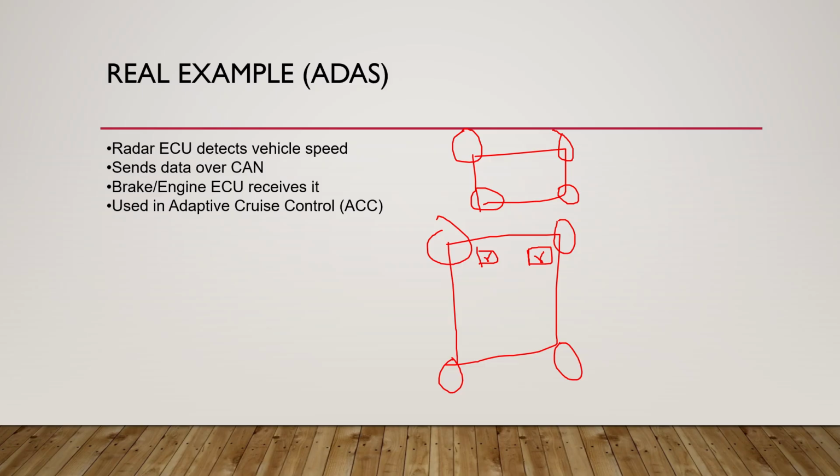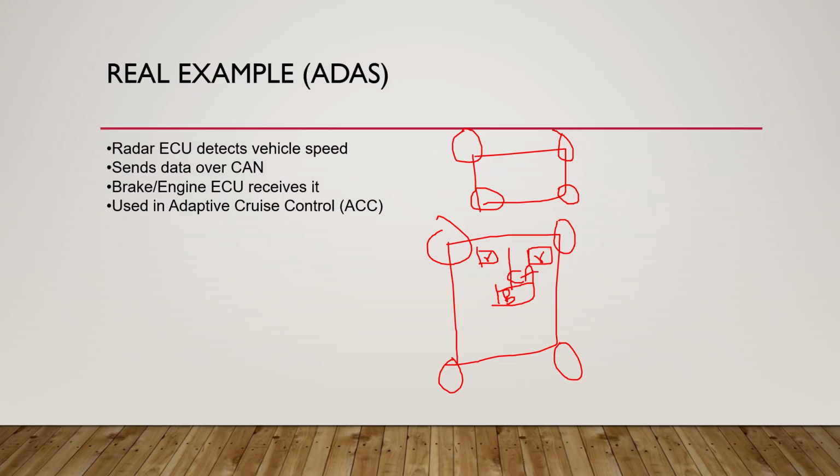Suppose I have written here that the radar sensor ECU detects vehicle speed, and it has to send that information to the braking ECU. This is the radar ECU, and it has to send to the braking ECU. How will it send the information from radar to braking ECU that a vehicle is ahead in front of this vehicle? Through CAN communication. That's why we use CAN.